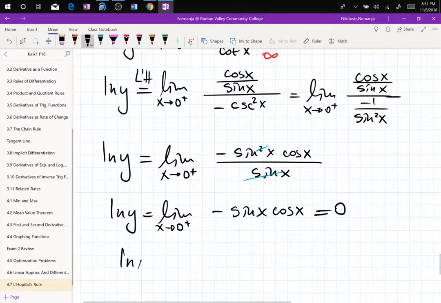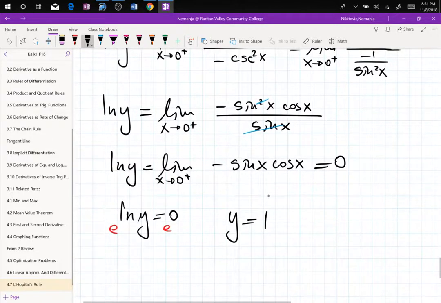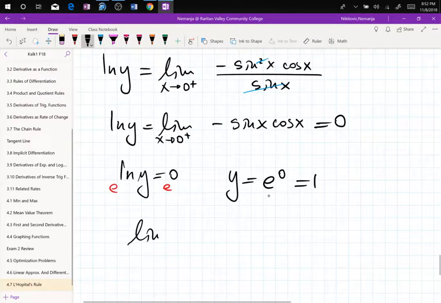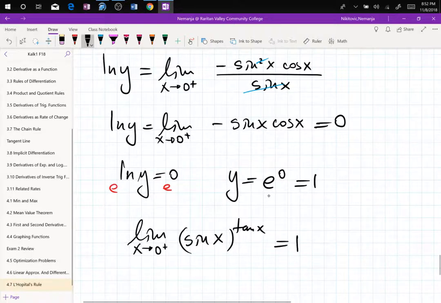So ln y is equal to 0, e both sides, y equals e to the 0, which is 1, and finally the limit as x goes to 0 plus of sine x raised to the tangent x is equal to 1.